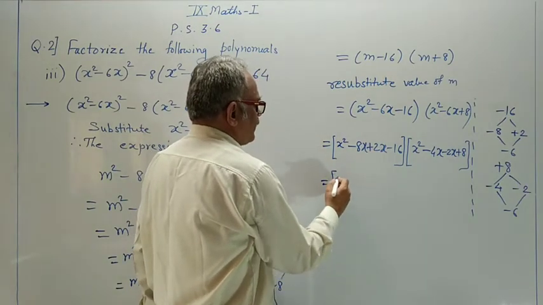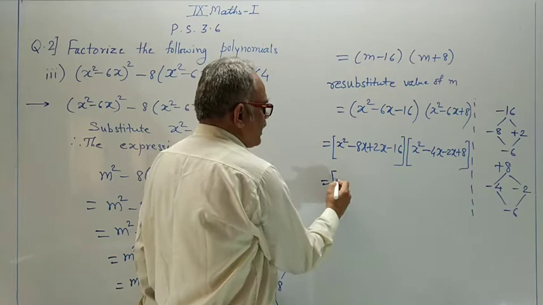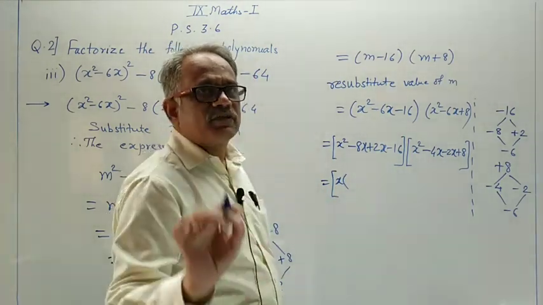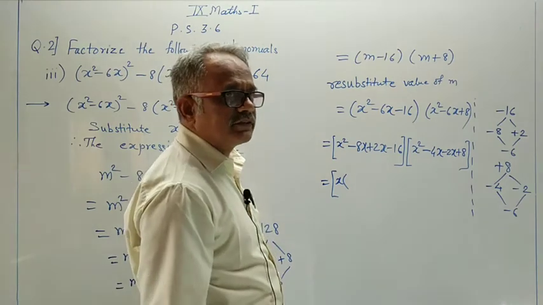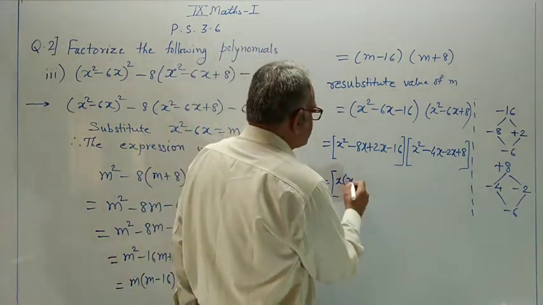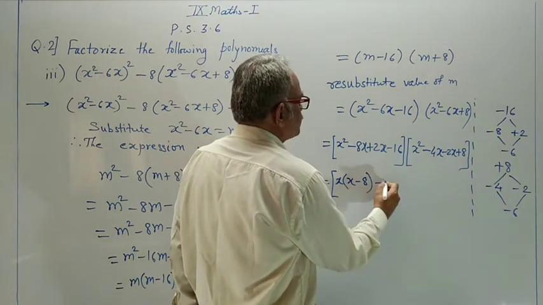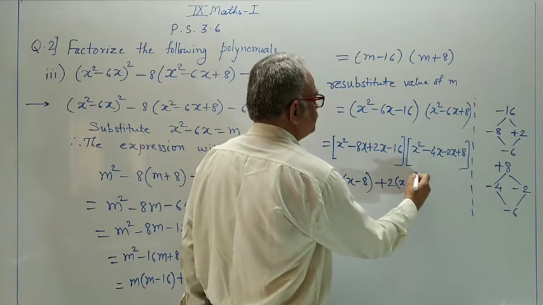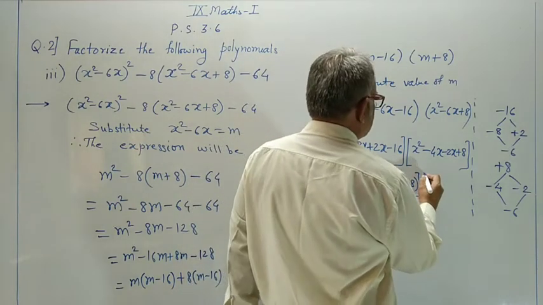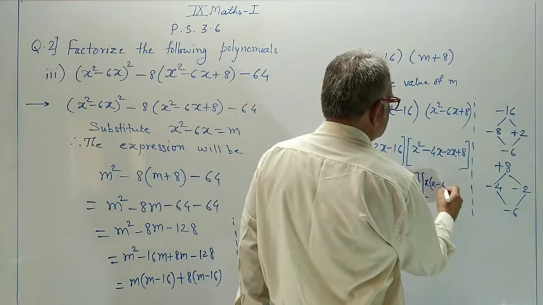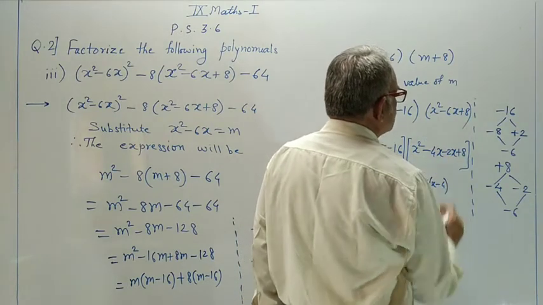In the big bracket, from the first two x is common, x − 8, plus 2 common, x − 8. In the other bracket, x into (x − 4), minus 2 common.